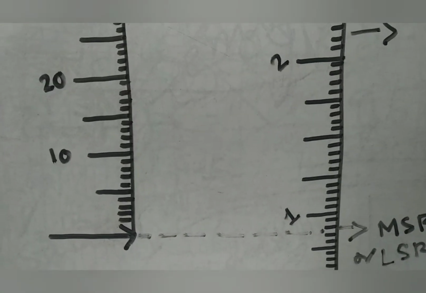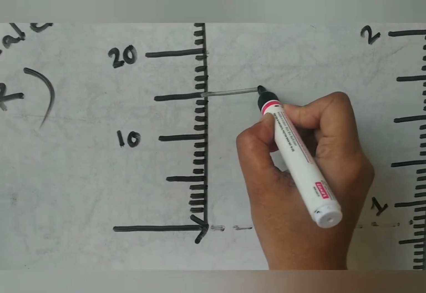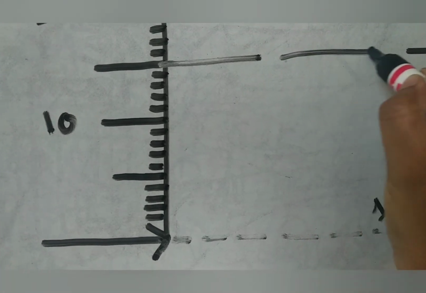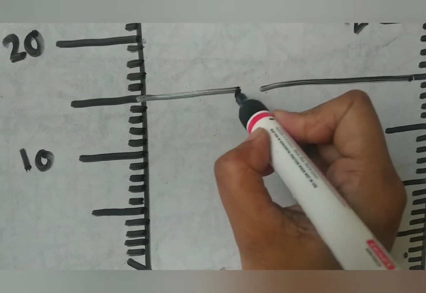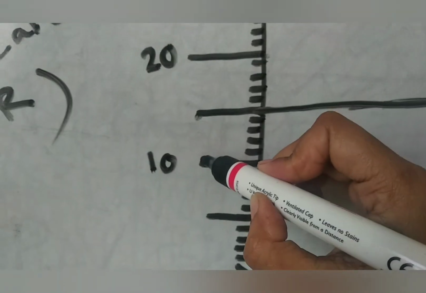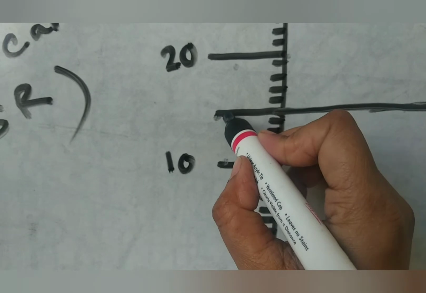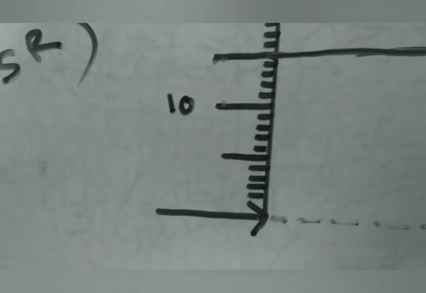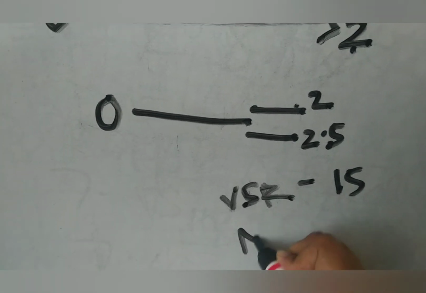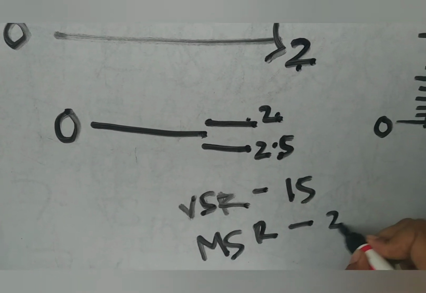The Vernier scale reading is the clear coincidence between the main scale and the Vernier scale, where one main scale line is in the same line as a Vernier line. Here it is between 10 and 20, so it is 15. So our Vernier scale reading will be 15 and the MSR will be either 2 or 2.5.